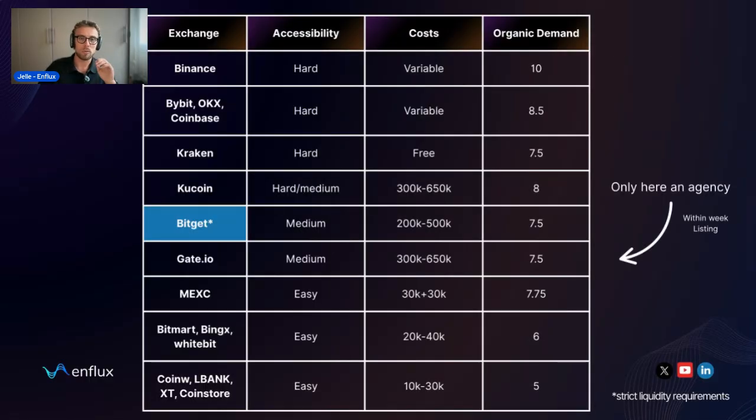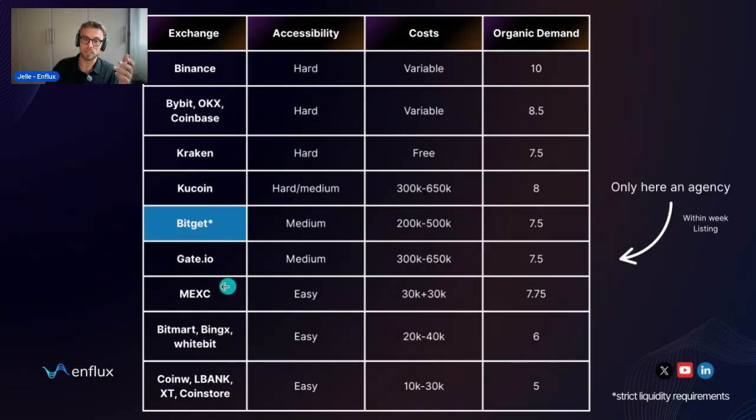So an image you guys have seen before, and I've updated it slightly with more exchanges, about all the exchanges and organic demand and how easy it is to get listed on these exchanges as a starting point. I think everything until MEXC here, they have a fixed fee for listing, which for MEXC is 30K USDT, 30K worth of token payments that goes to marketing.